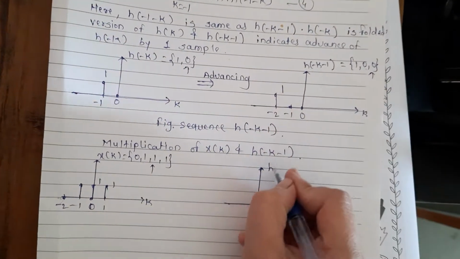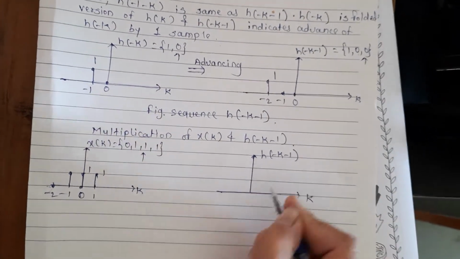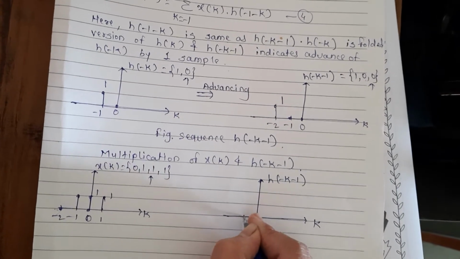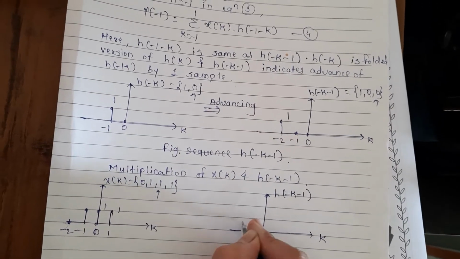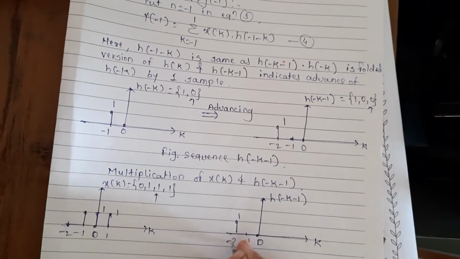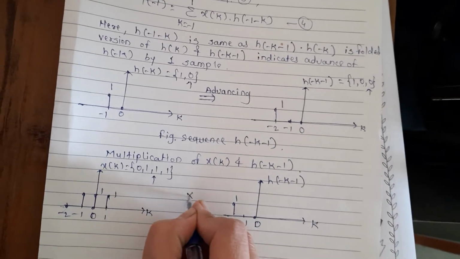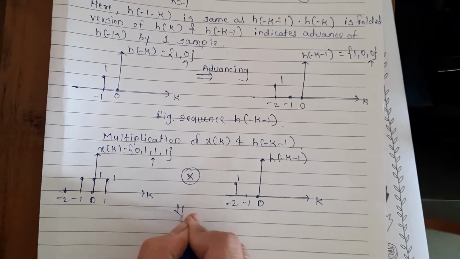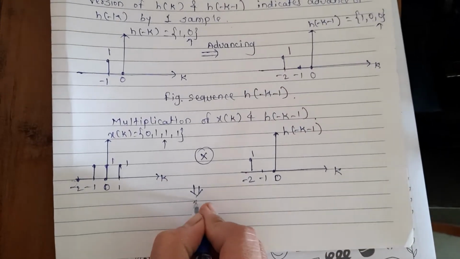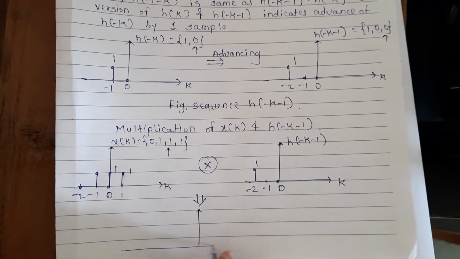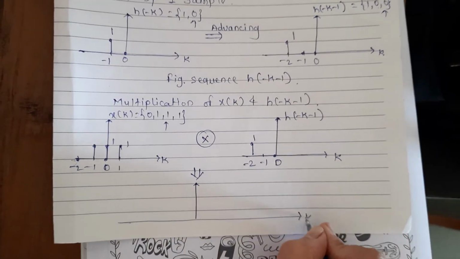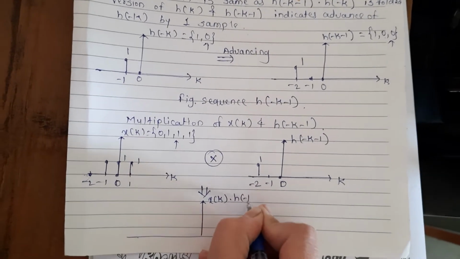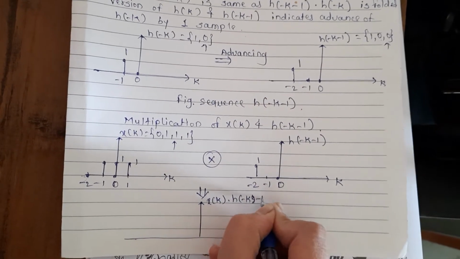We already draw here k minus 1. Now multiplication of both these signals we get this is k and this is x of k multiplication of h of minus k minus 1.